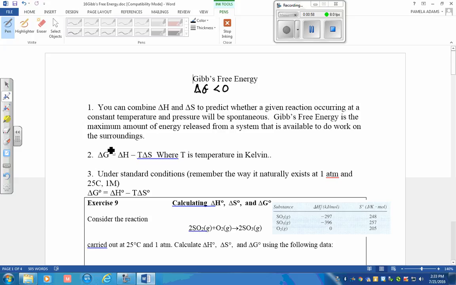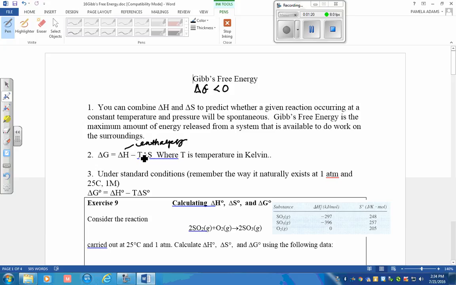So we can calculate Gibbs free energy by taking the enthalpy, and we recall that the enthalpy is the heat gained or lost in a reaction, from the system to the surroundings. If enthalpy is negative, it's exothermic. If it's positive, it's endothermic.